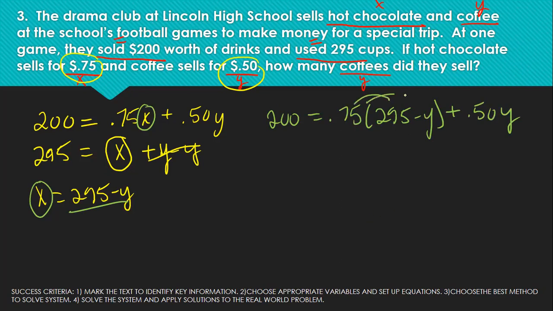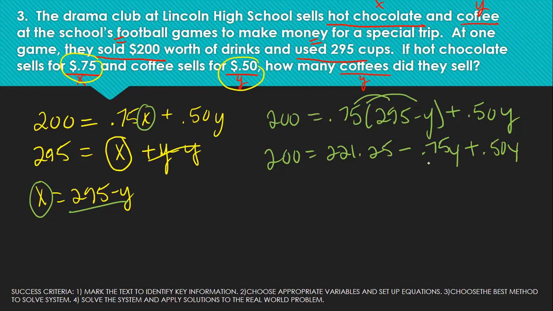I'm going to distribute. So back to your 4.2 notes. After we distribute, what is 0.75 times 295? So we have 200 equals 221.25 minus 0.75y plus 0.50y.